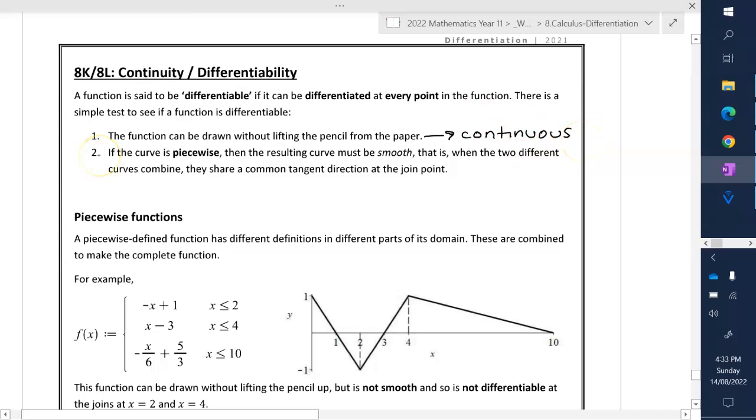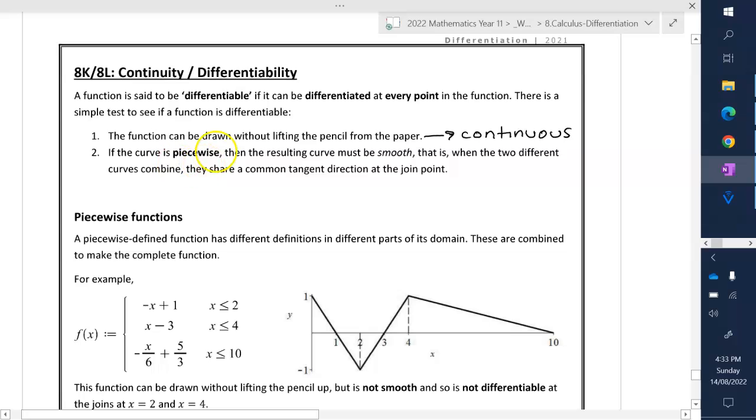The second thing is, if the curve is piecewise, which we're going to have a look at down here in a moment, where there's different graphs for different domains within the graph. So if it's piecewise, then the resulting curve must be smooth. If you have a look down here at this graph, it's not smooth, is it? It's pointy.